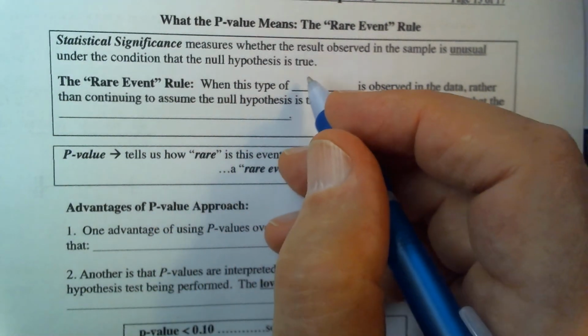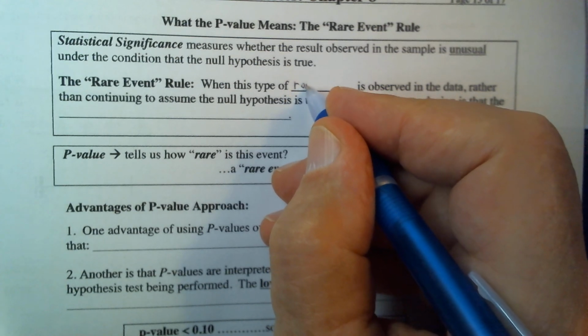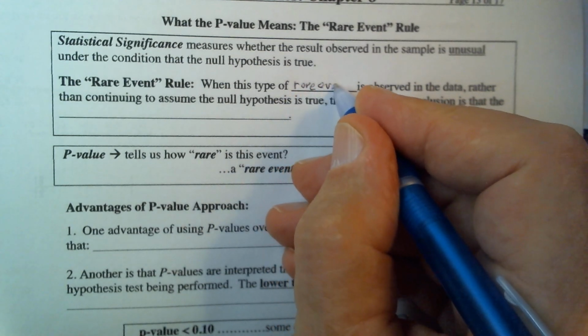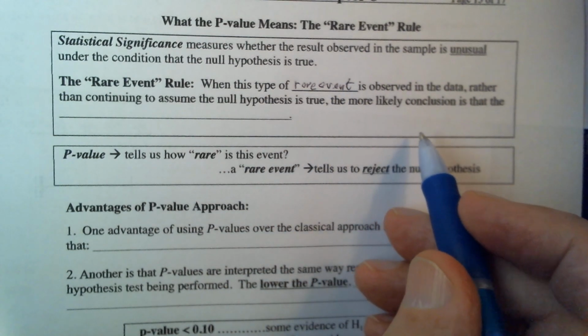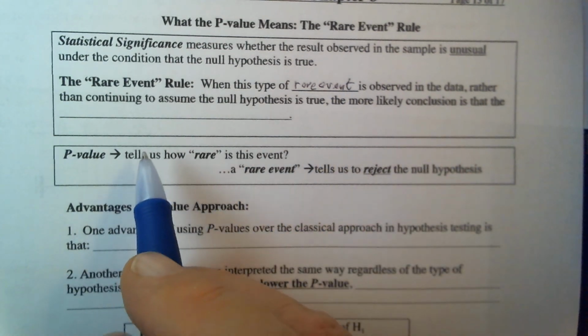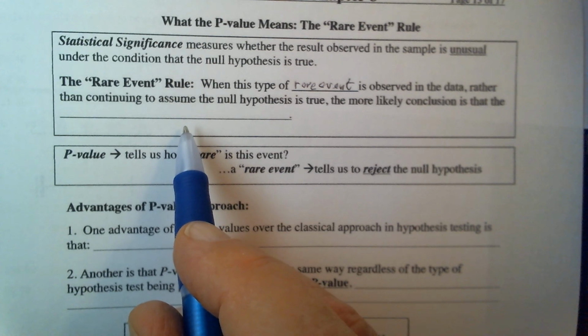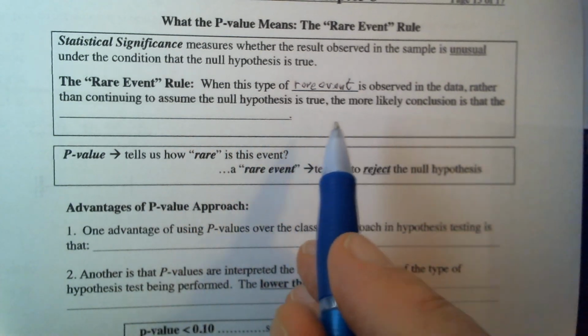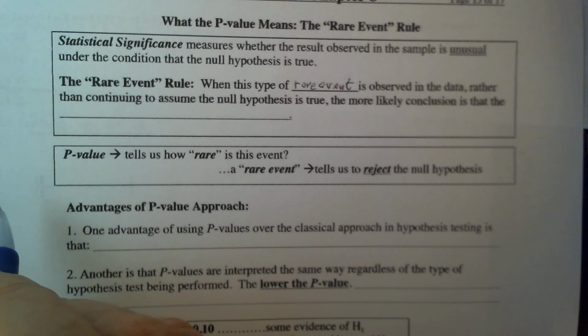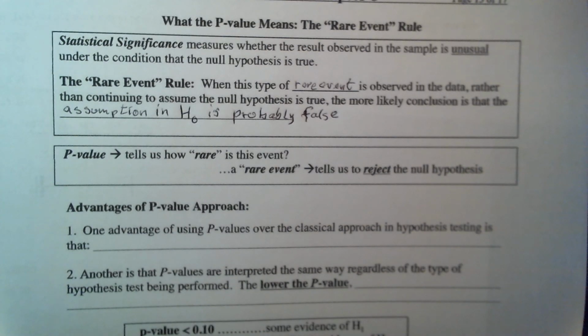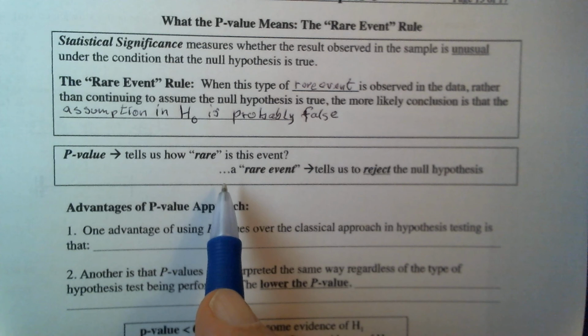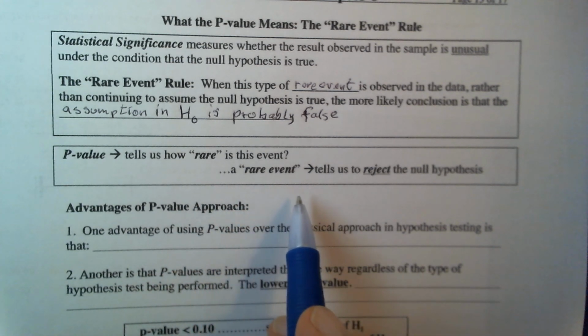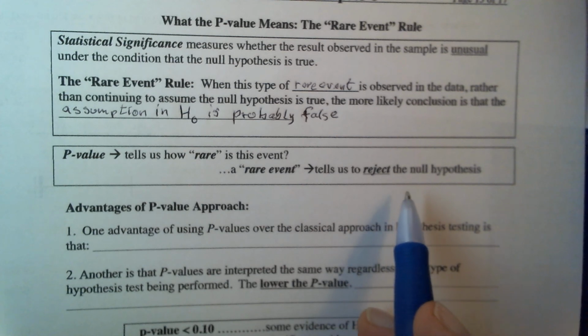When this type of rare event is observed in the data, rather than continuing to assume the null hypothesis is true, the more likely conclusion is that the assumption in the null hypothesis is probably false. So the p-value does two things. It tells us how rare this event is, and a rare event tells us to reject the null hypothesis.